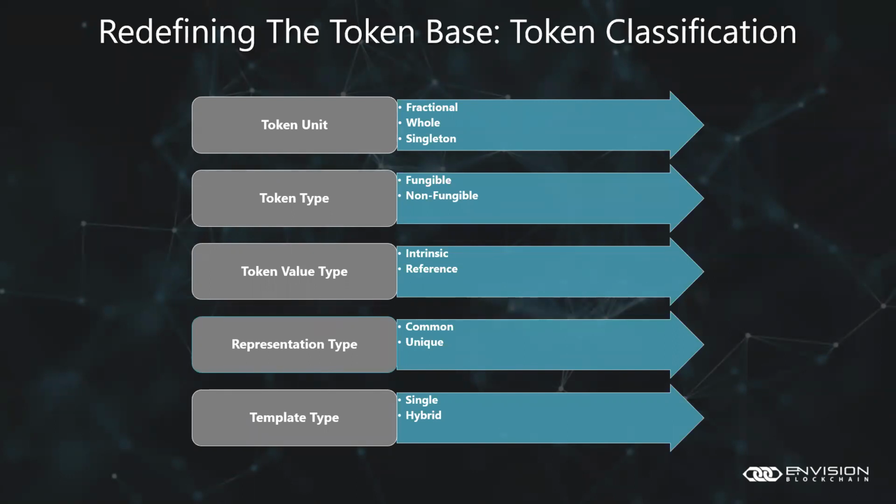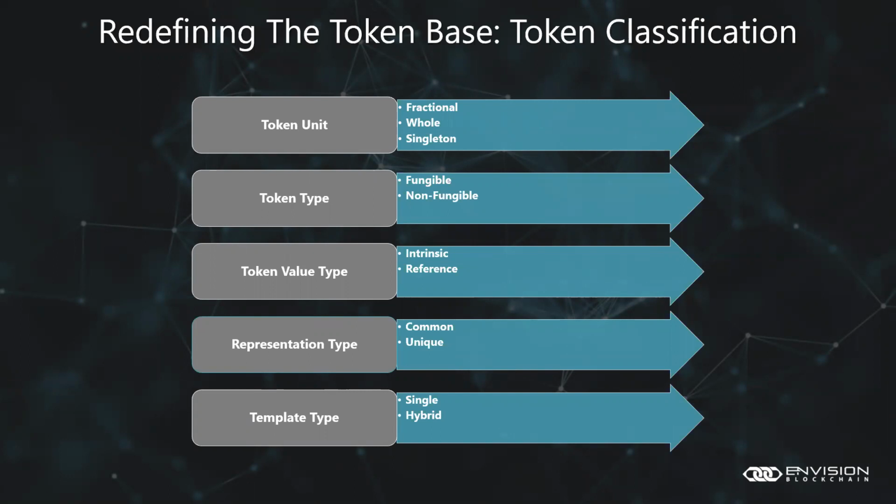Likewise, we have a representation type, which is common versus unique. Common would be much like a bank account, all on one ledger, and unique is obviously solo, where you don't need to keep that specific centralized type of ledger. And when I say ledger, I mean the accounting of that specific token. And then you, of course, have your template type as to whether or not it's a single or hybrid, or let's say a singleton or hybrid.